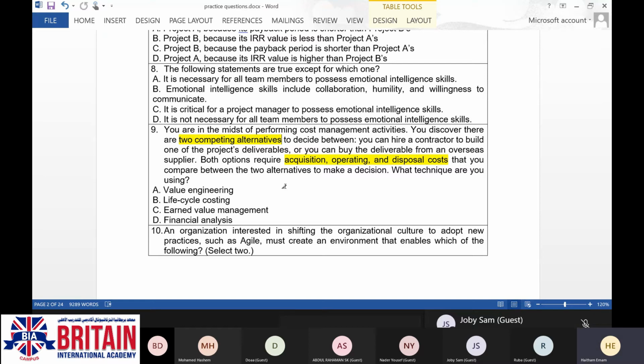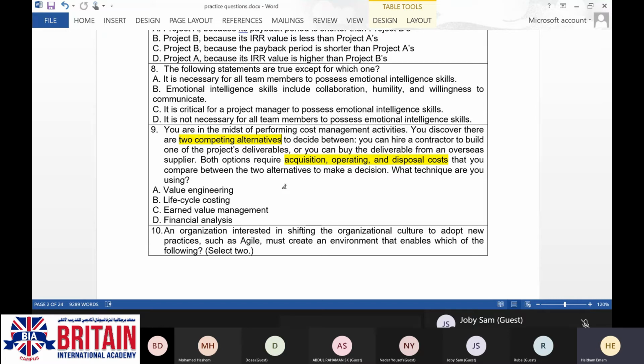The other two options, which are value engineering and earned value management. The earned value management, again, based on your current performance, you would like to make forecasting. You are assessing your current performance for the project overall, and based on that, you are going to make forecasting for the future.